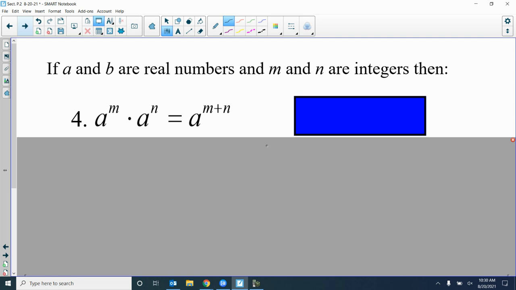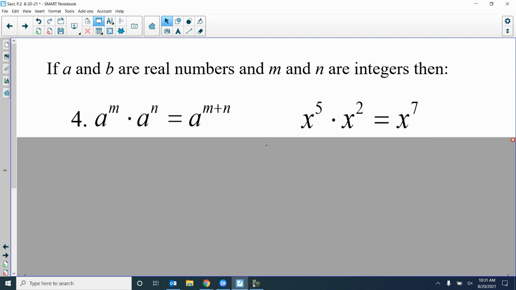All right, getting into some of the other rules. Multiplying. Remember when you have a to the m times a to the n, it's a to the m plus n. You're going to add those two together. And now x to the fifth times x squared, 5 plus 2 is 7. All these rules kind of keep building on one another.